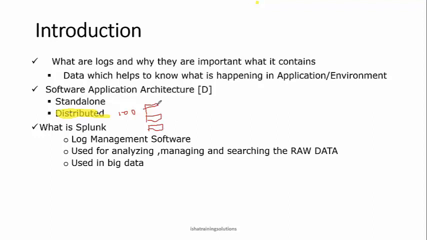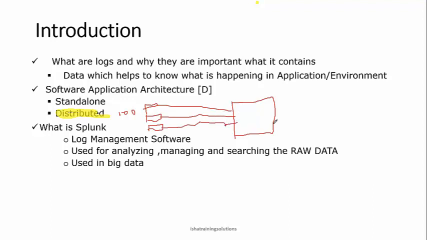What Splunk will do is get all the logs that are present, whether OS logs, application logs, or your custom logs, whatever you write. Everything it will ship to something called the Splunk indexer. All the logs will be shipped to this Splunk indexer.